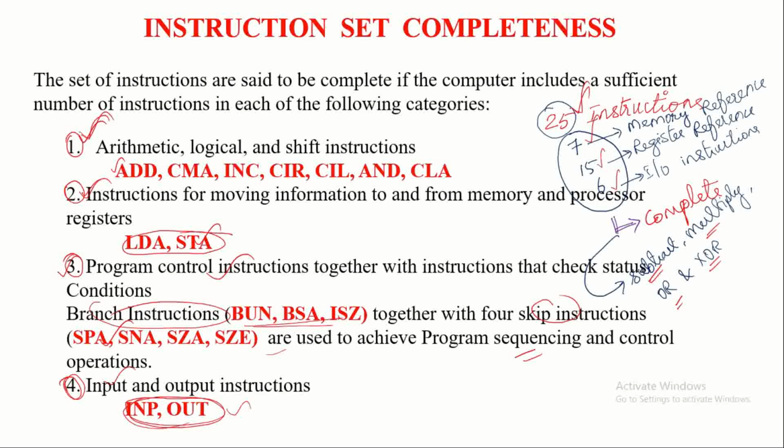That's why the instruction set of the basic computer is said to be complete. However, frequently performed operations such as subtract, multiply, or XOR cannot be performed efficiently. With the instructions available in the instruction set of the computer, these operations can be performed, but not that efficiently.